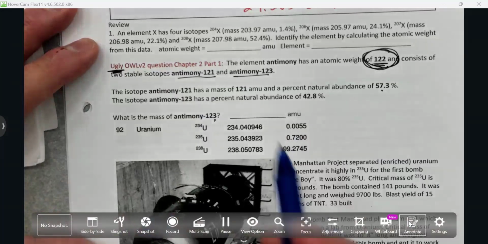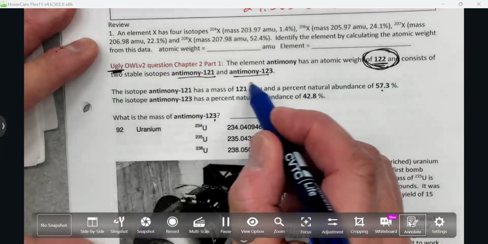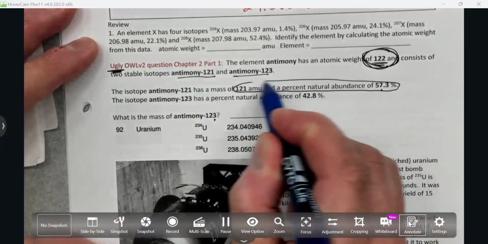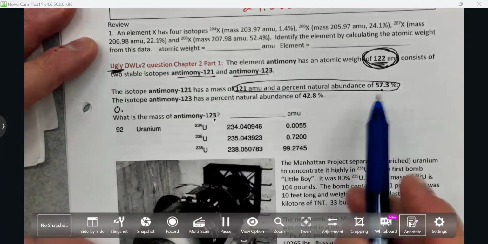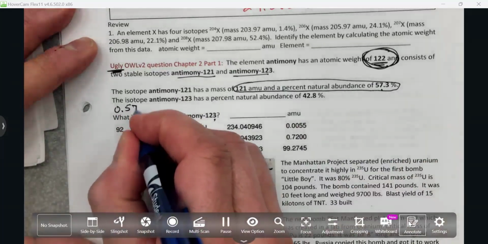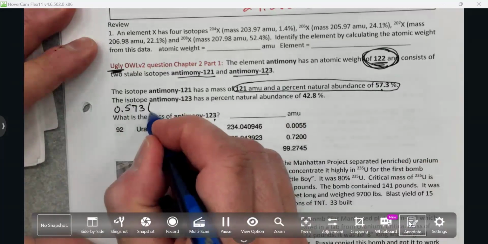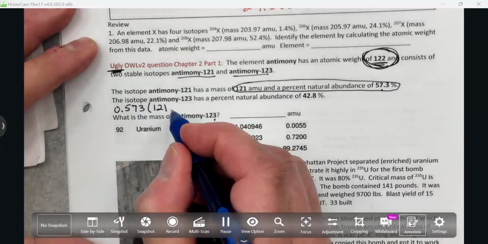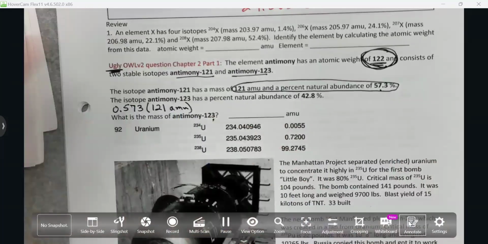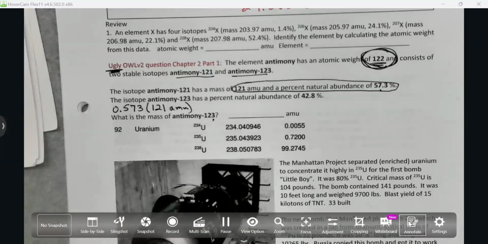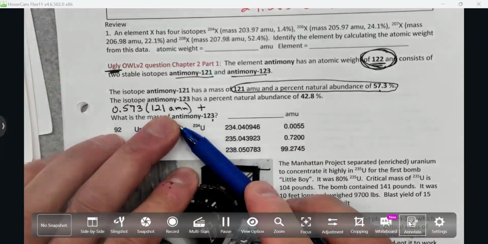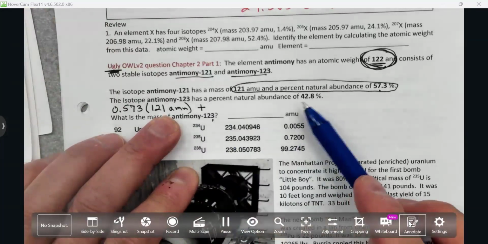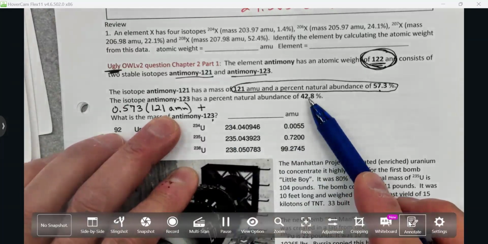Okay, so this is all right. This part right here, I'll put it right here, 0.573 times 121. Now it's 121 and it's 123. The percent abundance is 42.8 for 123.